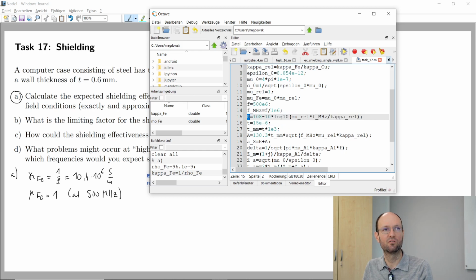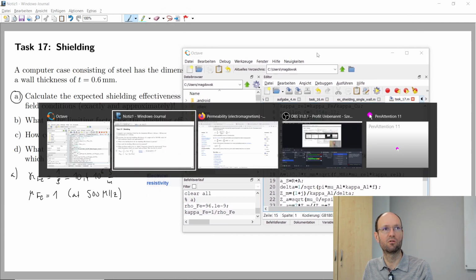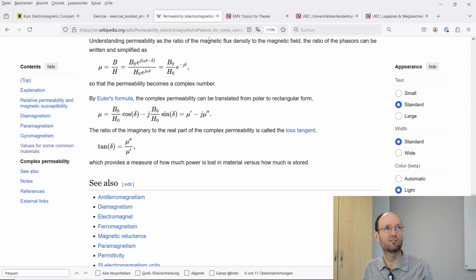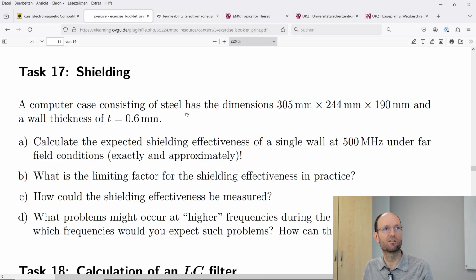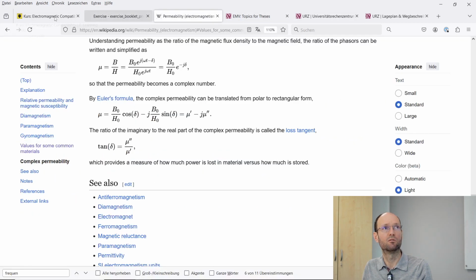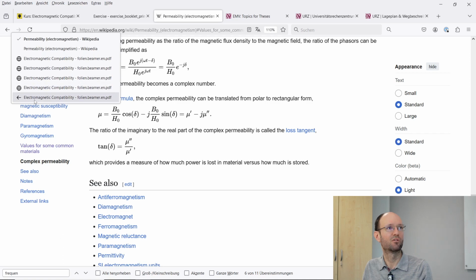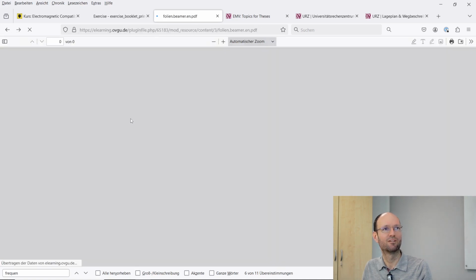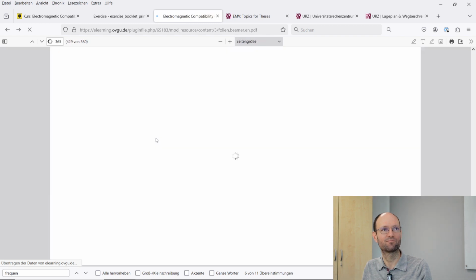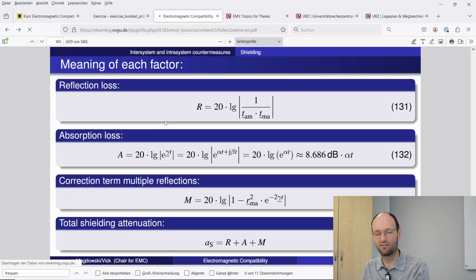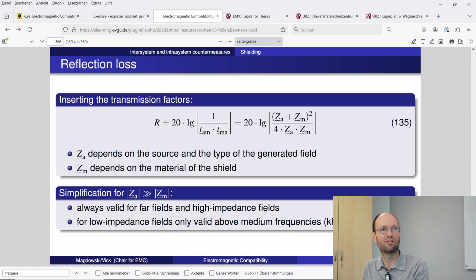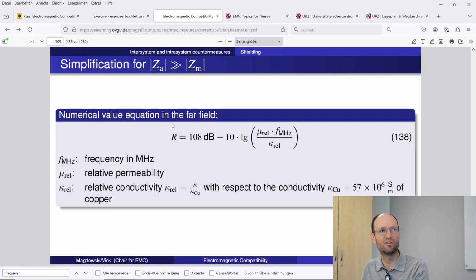And so then we already have the formula here for the reflection loss. So if I go back to our lecture slides, this is what we had done last time. Oh, unfortunately, I've closed the lecture slides. So here they are back again. And so what we discussed, this was the approximative formula for the numerical value of the reflection loss in the far field.